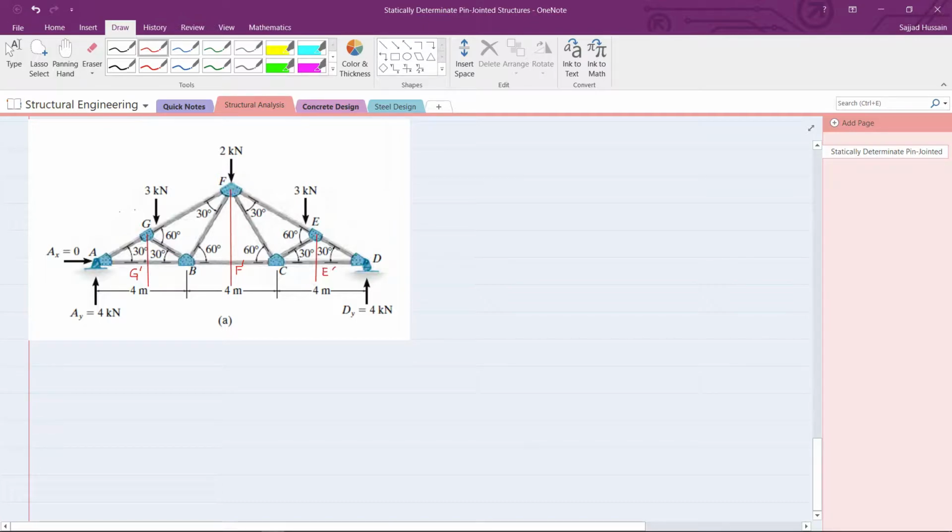Now we want to know the distance from point G to G dash, which is here. Similarly from point F to F dash.